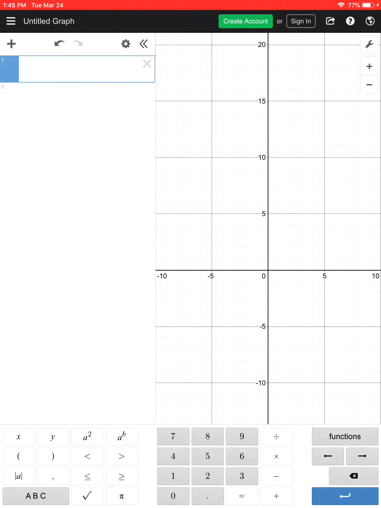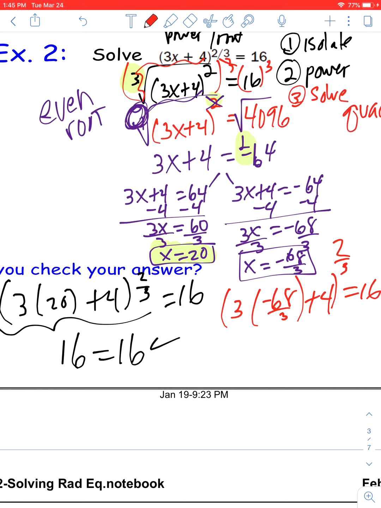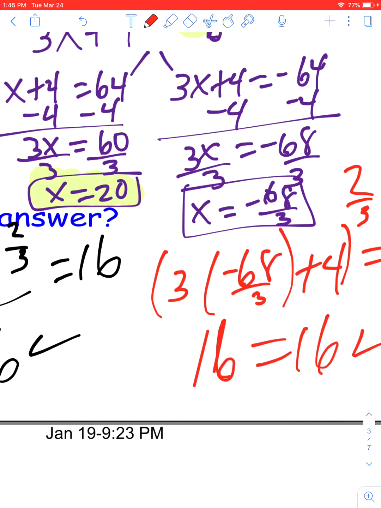So I'm going to do 3 times negative 68 divided by 3, arrow out, plus 4, and I am going to raise that to the 2 divided by 3, and friends, that is indeed 16. So this problem had two answers. x is equal to 20, and x is equal to negative 68/3.